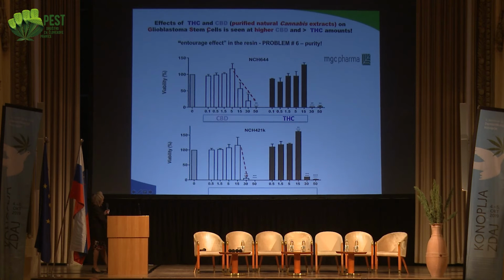We then used them again to test the same cells. Now we have observed differences. Here, purified CBD was more effective on glioblastoma and glioblastoma stem cells compared to THC. Actually, we had to use higher concentrations of the purified compounds.